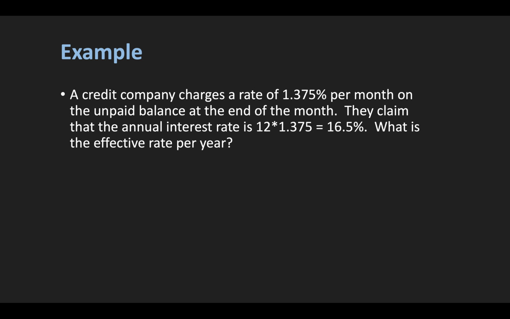That's their nominal interest, and that's what they're going to tell you. But try to calculate this and see how much it really is. What is the effective rate? And we're going to talk about this tomorrow during class.